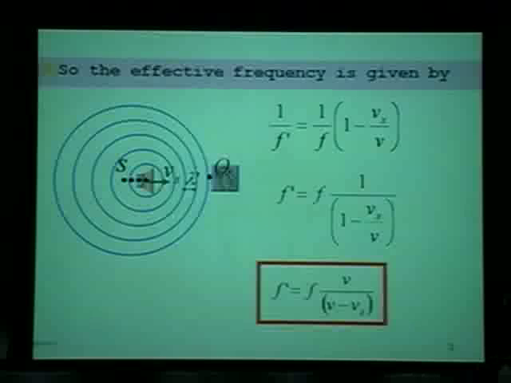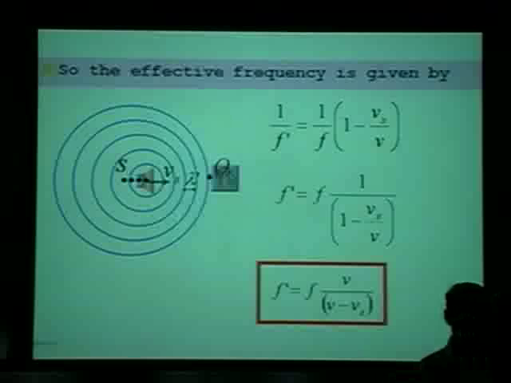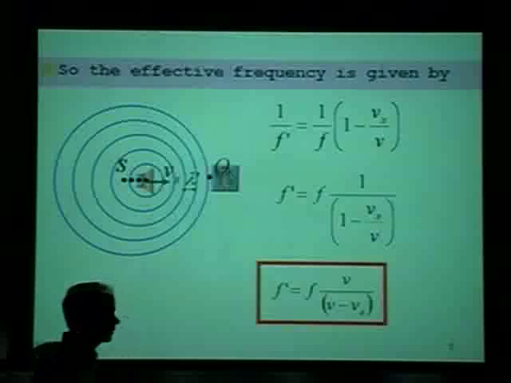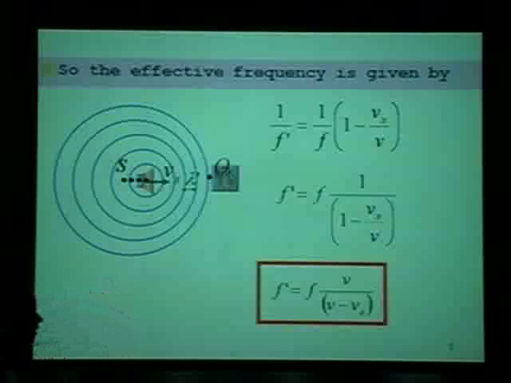If the velocity of the source were slow, 1 meter per second, then this fraction is still very close to 1. I would have 343 over 342, which is very close to 1. I would observe a frequency very close to the actual frequency of the source. Not much difference.